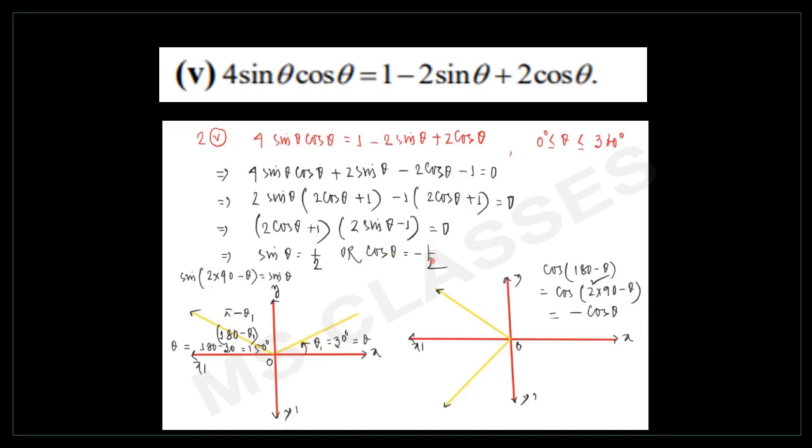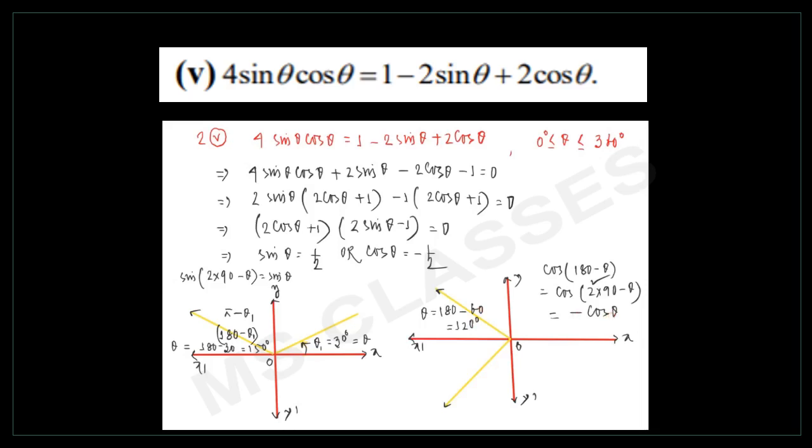Now 60 degree will give us half, but we need minus half. So we write theta equal to 180 minus 60, that is 120 degree. Because here you can see theta is 60, so cos theta equal to half, with minus in front, minus half.